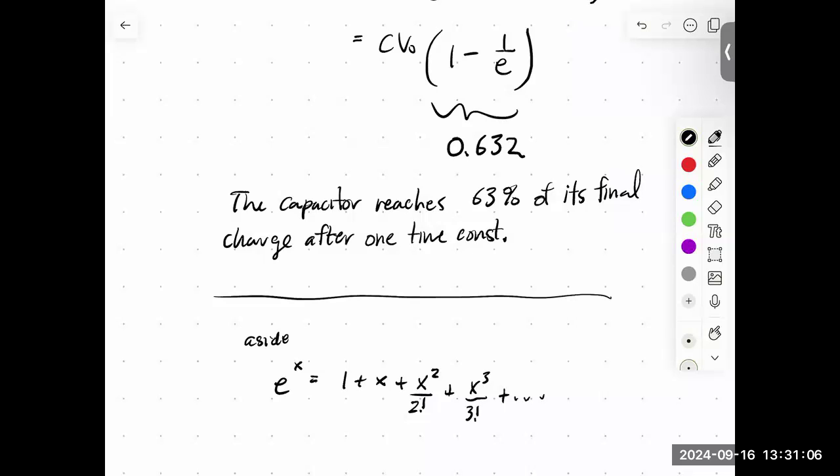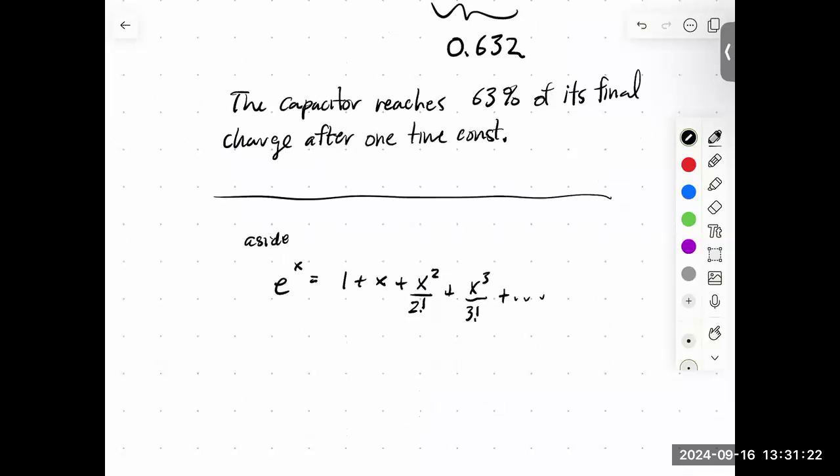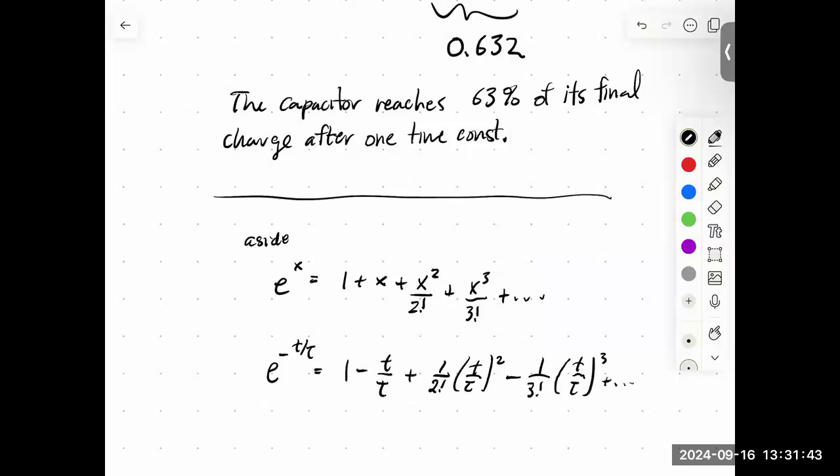So your question is, how linear is it? Well, I can't give you a definite answer, but it's basically until this x squared term starts to become appreciable. And so for us, we have e to the minus t over tau. And so that means we're going to get 1 minus t over tau, and then plus 1 over 2 factorial t over tau squared, and then minus 1 over 3 factorial t over tau cubed, and so on.